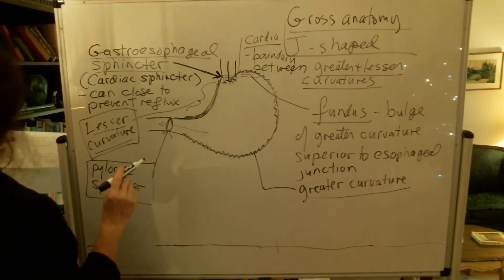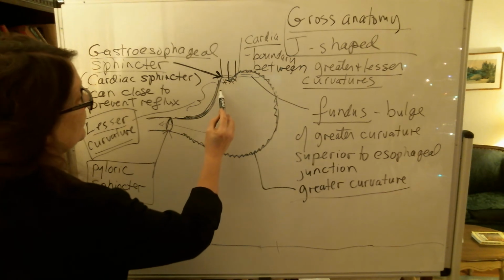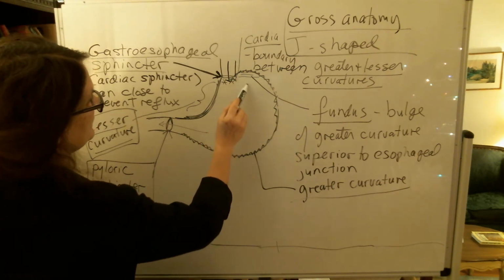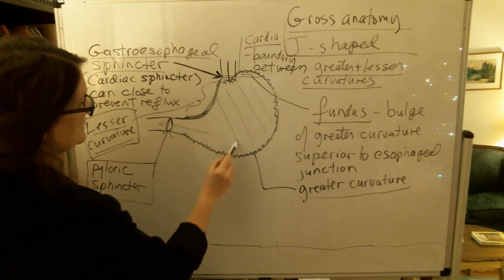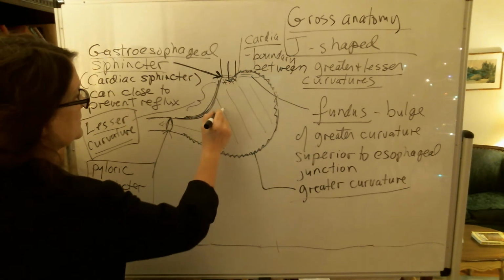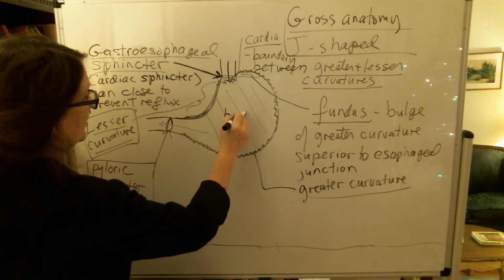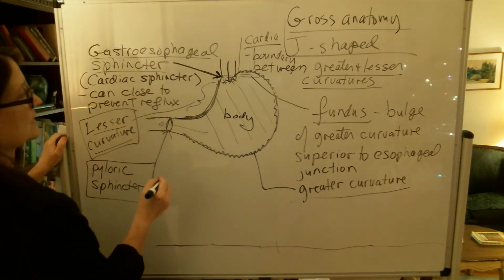So then, to carry on, this area all in here, where I'm going to indicate with these lines here, this is what is known as the body of the stomach on the outside.